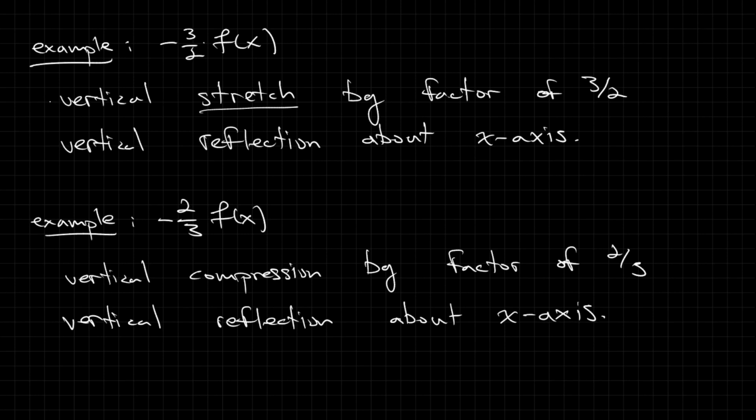Finally, I think it's worth mentioning that you can change the order of these transformations without any effect on the graph. So if you do the vertical reflection first and then the vertical stretch, you'll end up with the same answer as if you did the vertical stretch, then the vertical reflection.